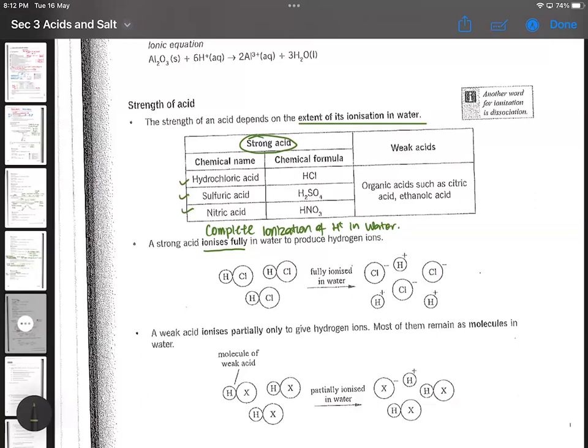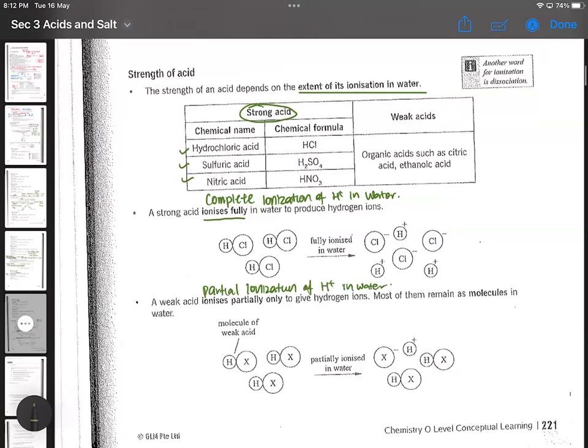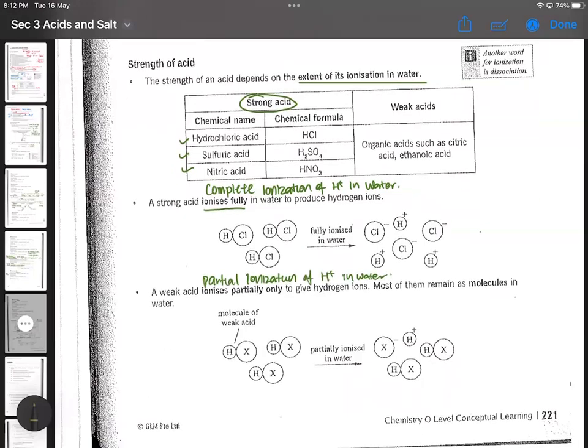Now for a weak acid, over here it says ionized partially, which we also say they undergo partial ionization of H plus in water. Same thing here. This X is an unknown negative ion. So these 3 molecules are molecules of a weak acid, and you notice that partially ionized, only 1 out of 3.